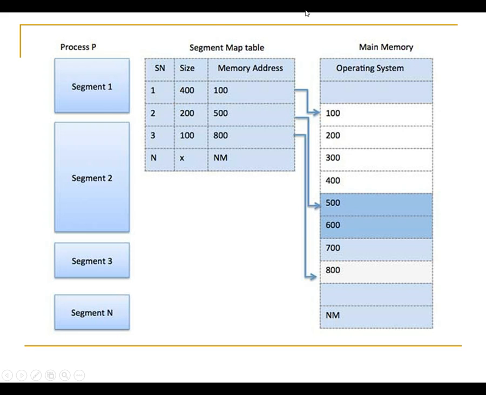Before allocating all these segments into the main memory, let me repeat, before allocating all these segments into the main memory, in between these two, one table is maintained by the operating system that is called the segment map table, which we have just discussed.